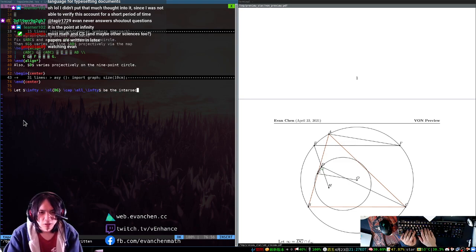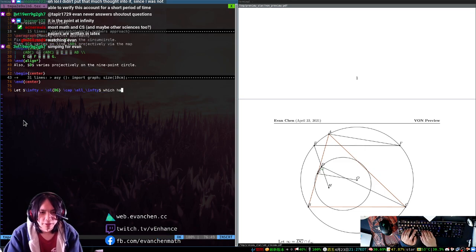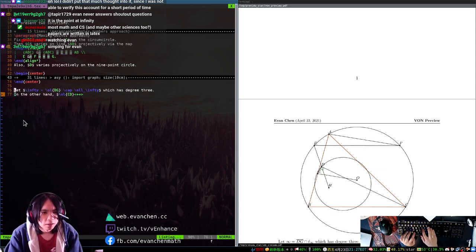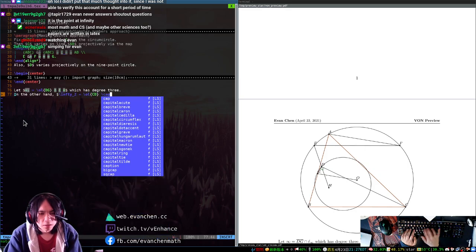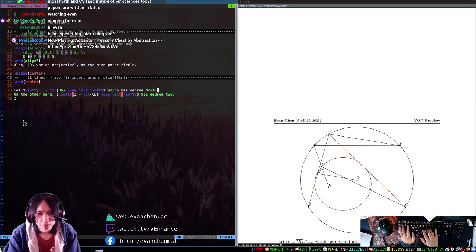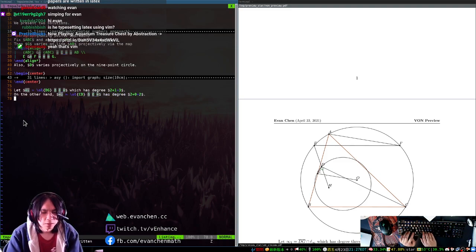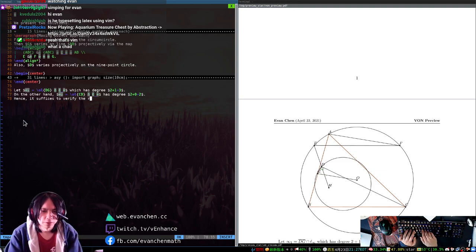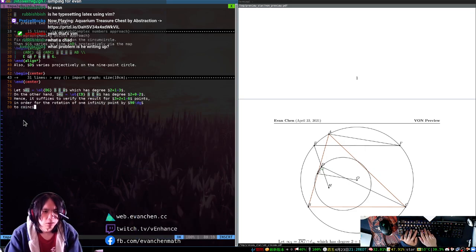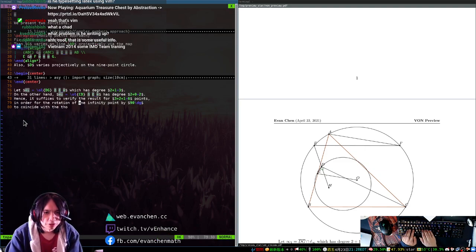Let's be the... which has degree 3. On the other hand, CDEC... Three, 0 equals 2, and it suffices to verify the result for 3 plus 2 plus 1 with rotation of infinity 1 to coincide with infinity 2.